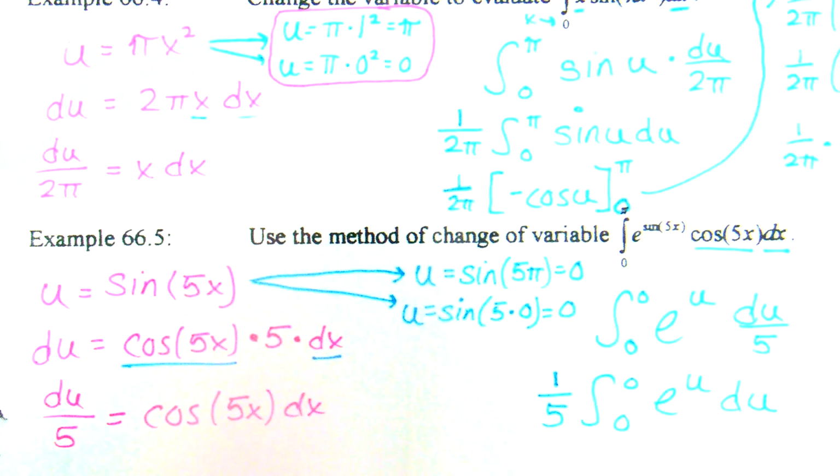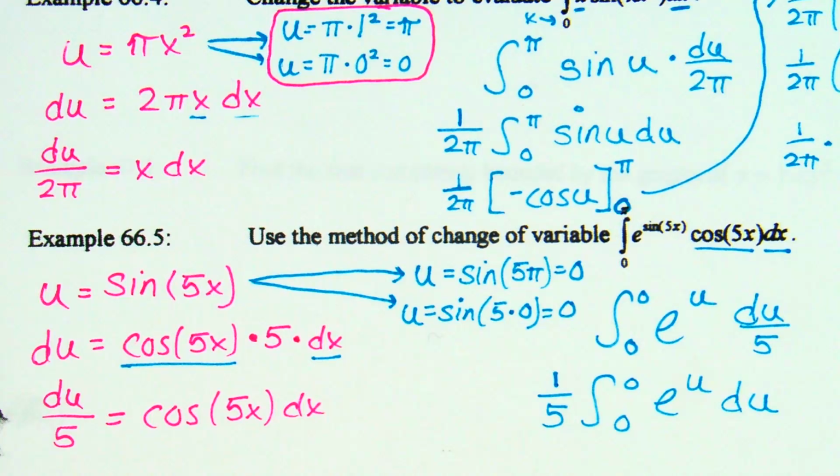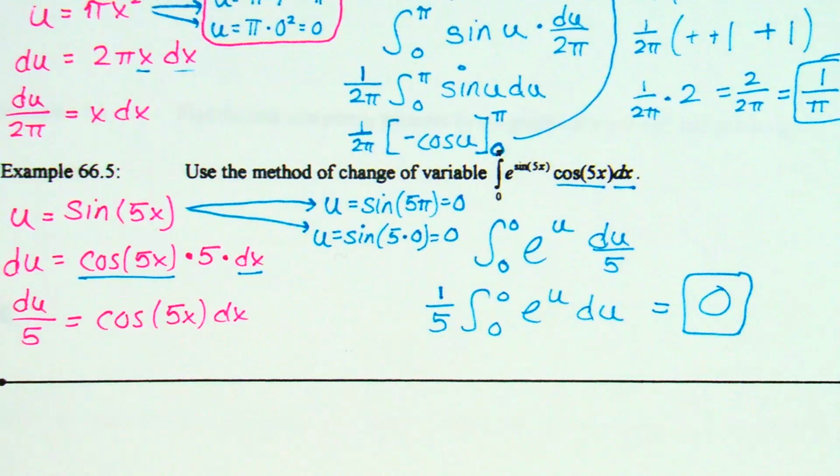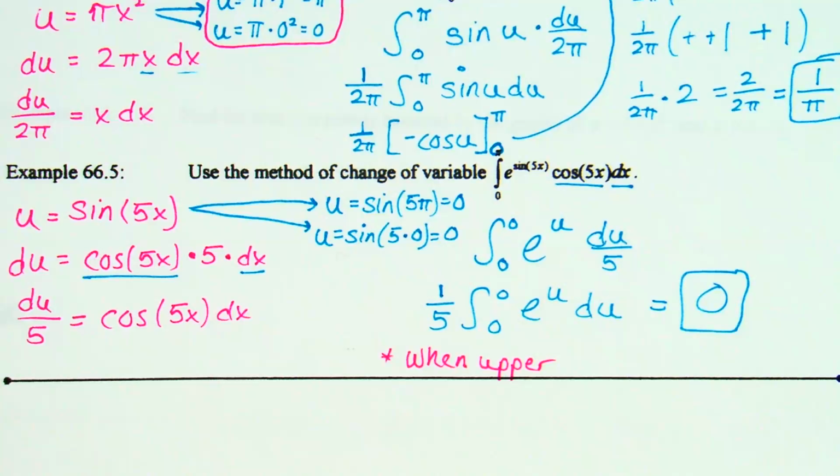But here's the deal. When your upper and lower limits are equal, the integral always equals 0. If you go back to that page of rules for integrals, it's probably on there. So this equals 0, and I will even put a note in here stating such. It's not just because my upper and lower limits were 0, it's because they were the same.